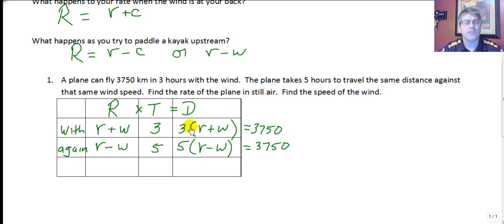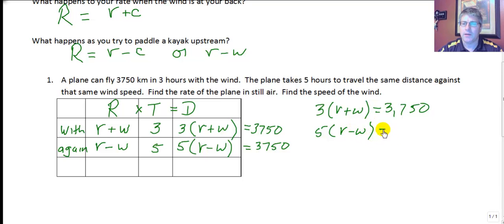And this actually gives us our two different equations. We have our equation with the wind, 3 times r plus w equals 3,750 kilometers out. And then 5 times r minus w equals 3,750 kilometers back. So those are our two equations.